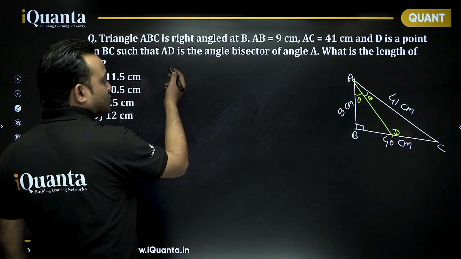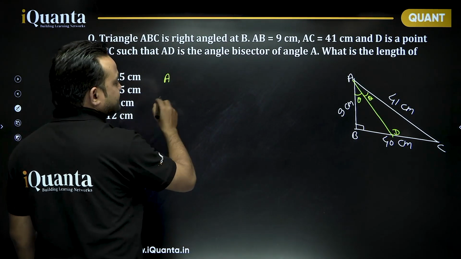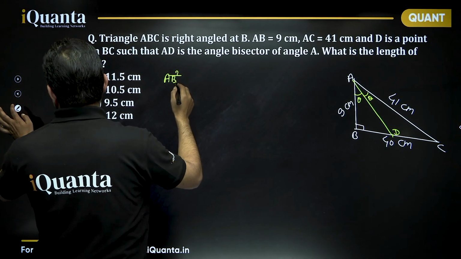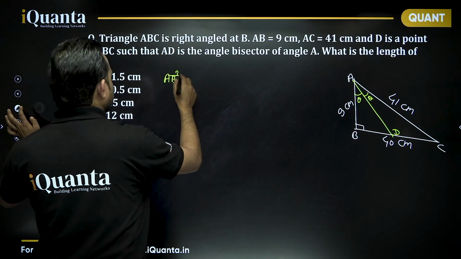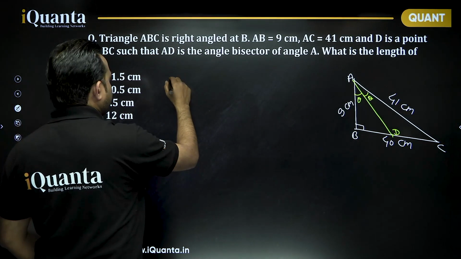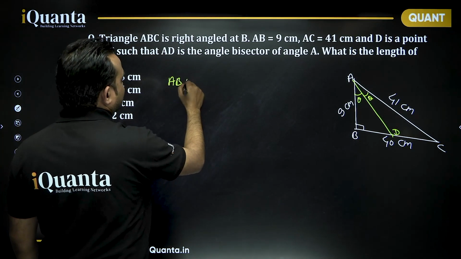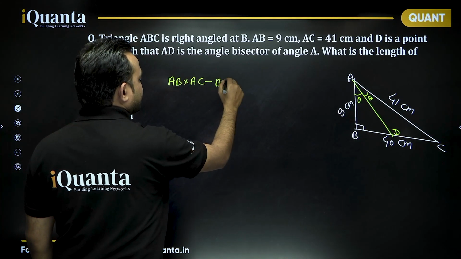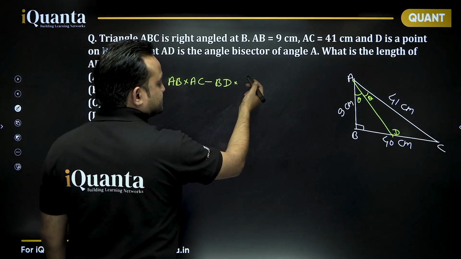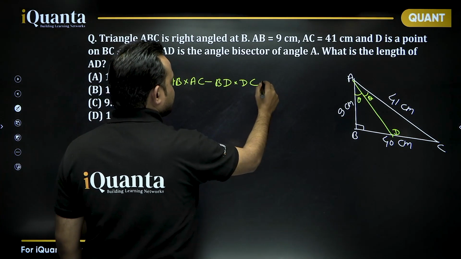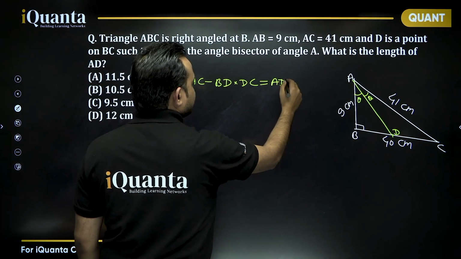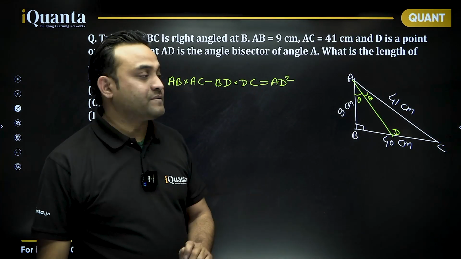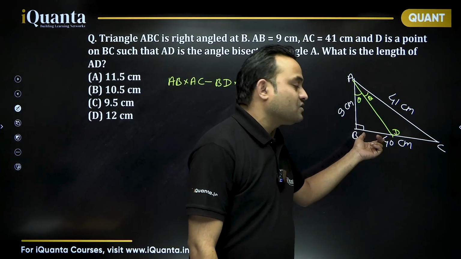The angle bisector theorem says if AD is the angle bisector, then AB into AC minus BD into DC is equal to AD square. Using this, we can find the length of AD. But before that, we need to find the lengths of BD and DC.